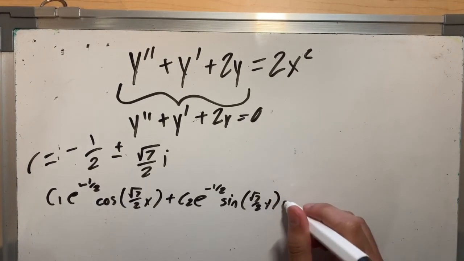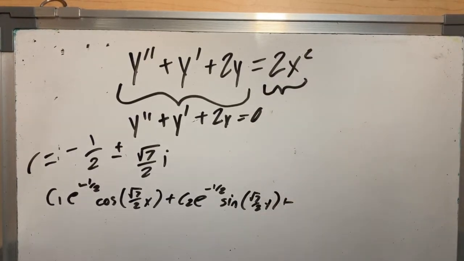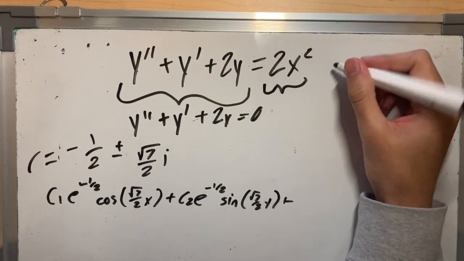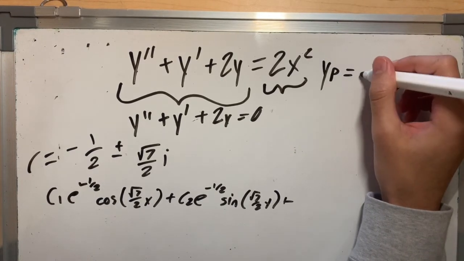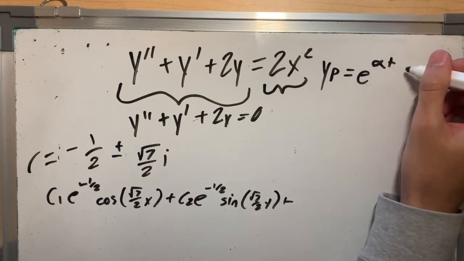And now we have to add this half of the equation. The way we find this half of the equation is by finding a particular solution to this part of the equation. And to find a particular solution, we have a formula that you'll probably have to know, and that is this.